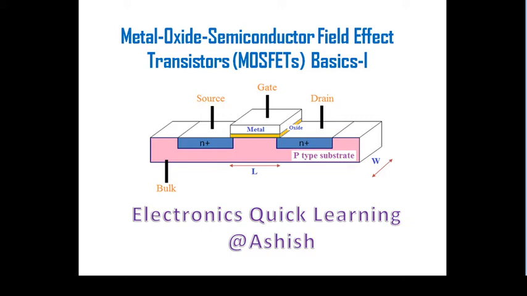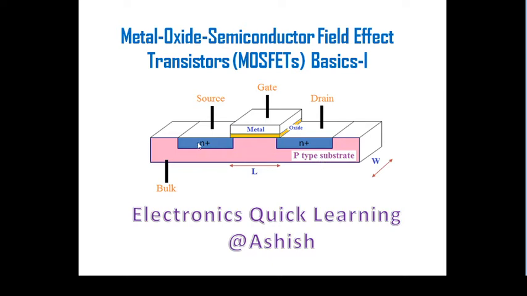In the first slide, you can see the cross-sectional view of a MOSFET that has three terminals: source, gate and drain. Basically, the MOSFET is fabricated on a platform or wafer, which is our p-type substrate.